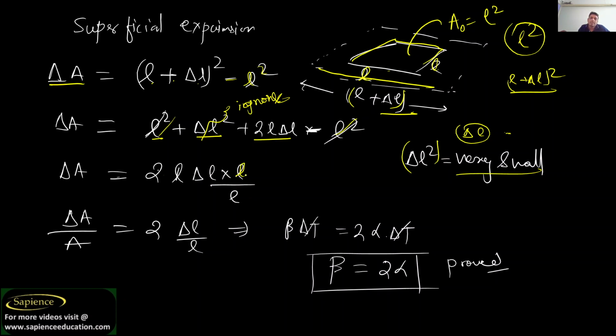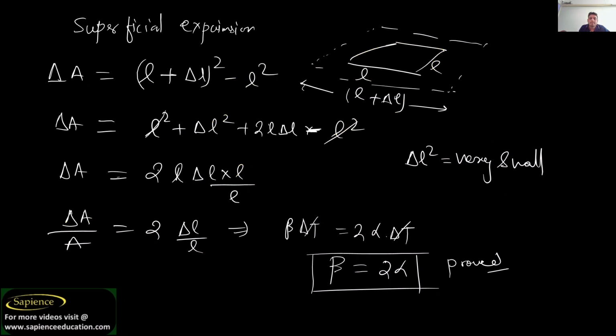Now I will multiply and divide by L. So what are you getting? L into L will be L square. See here, 2 into delta L into L square divided by L. So L square means what? Area, the initial area. So change in area divided by initial area. I hope you are understanding here.